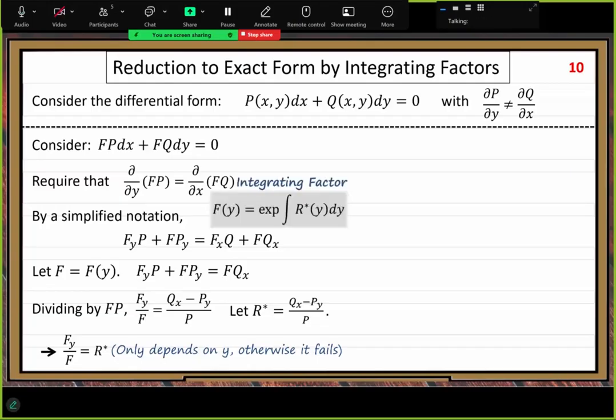So you can try these two ways. Let me ask you another question. For this extended method, if you try both ways and both fail, do you still have a chance to find an appropriate f?